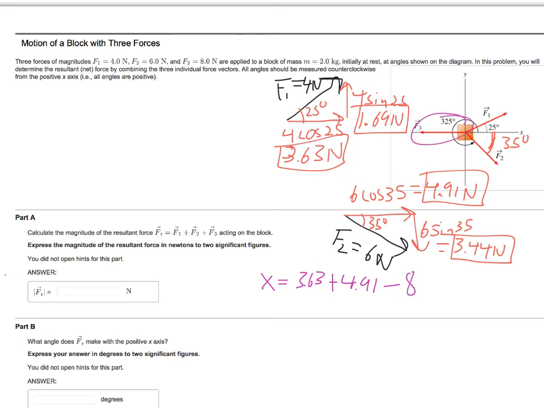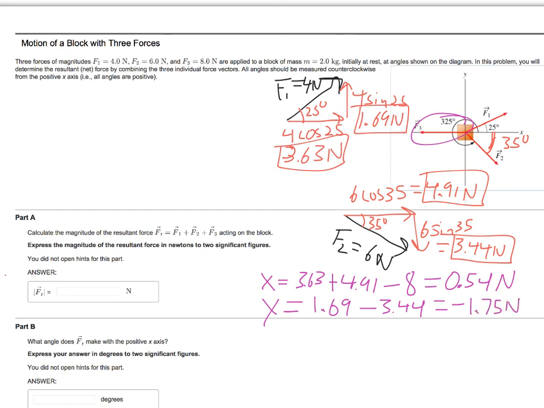And so we end up getting a resultant in the x direction of 0.54 newtons. In the y, we're going to add up our y forces. So we're going to have 1.69, that y component of F1, minus 3.44, that y component of F2, and we end up getting an overall y component of negative 1.75 newtons.